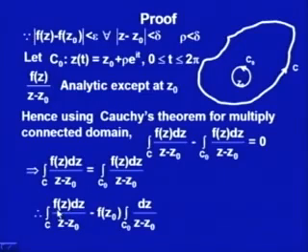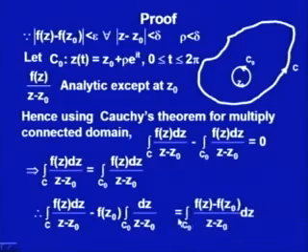We write the integral of f(z) dz upon z minus z naught along the contour C, minus f(z naught) times the integral of 1 upon z minus z naught along the contour C naught. From here we know that this is equal to this. So, this is the same as the integral along the contour C naught of f(z) upon z minus z naught. If I substitute over here, this would be equal to the integral along the contour C naught of f(z) minus f(z naught) upon z minus z naught.